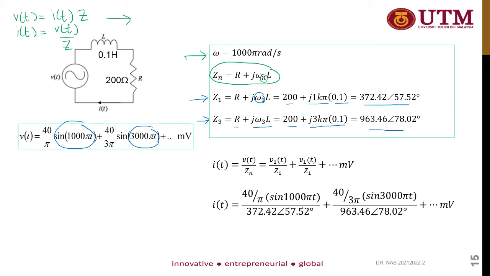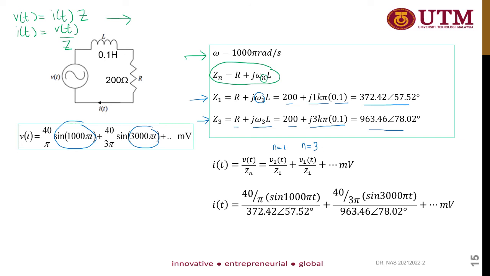So then you can solve for IT. IT is equal to V divided by Z. In this case you have the third harmonic. So this is the first harmonic, n equal to 1, and you have the third harmonic, n equal to 3. So V1 divided by Z1 plus V3 divided by Z3.